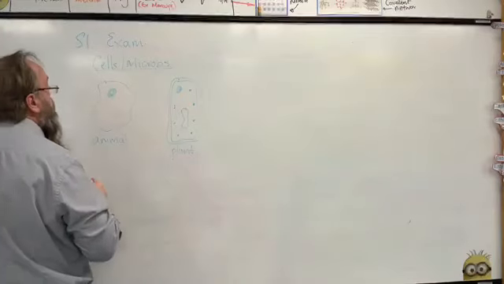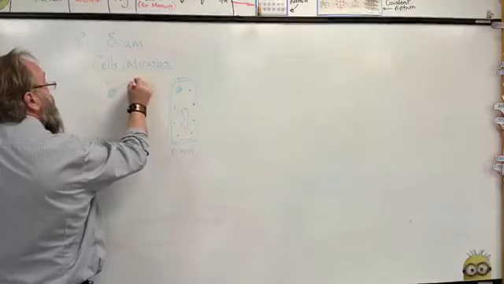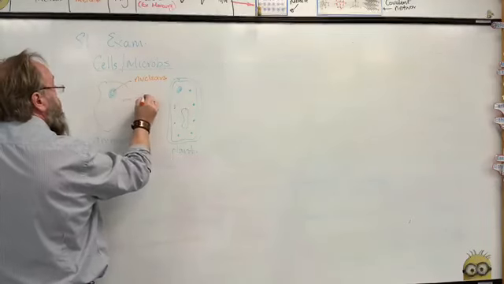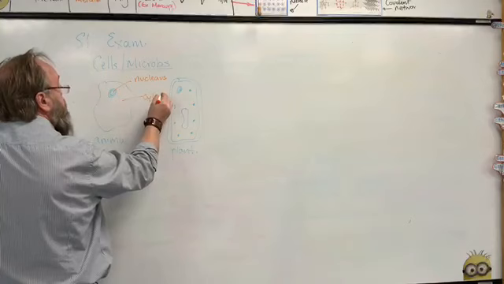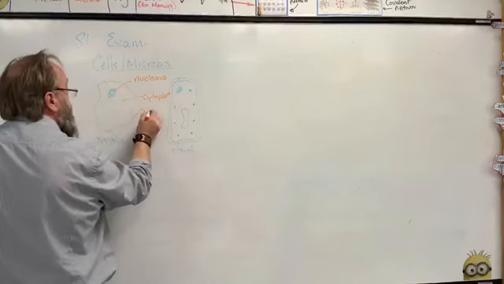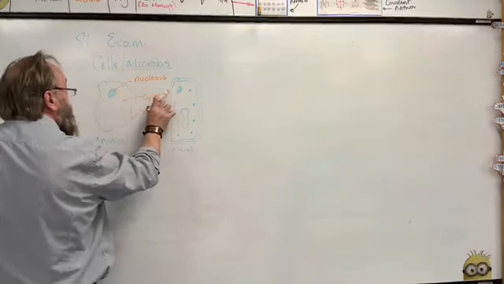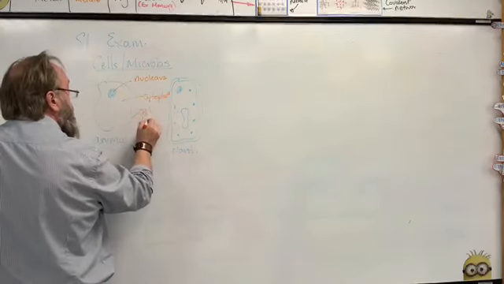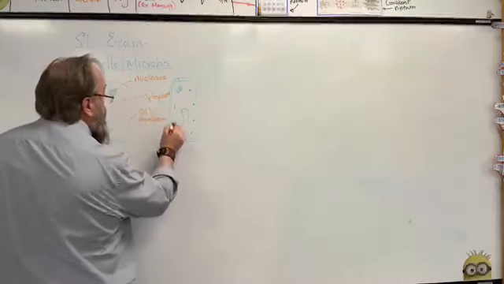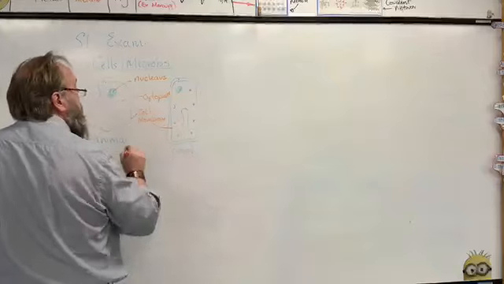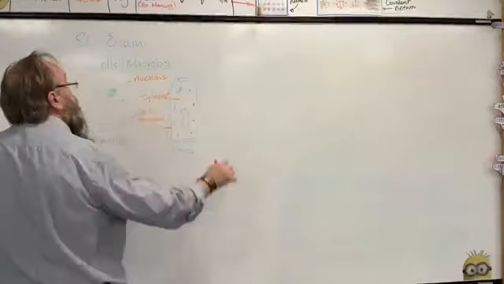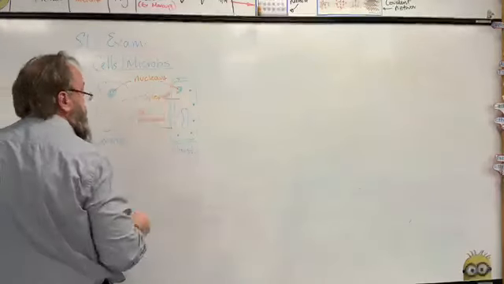Animal cell has nucleus, cytoplasm, and cell membrane. Plant cells also have these. Cell membrane just on the inside of that. The cytoplasm makes up most of the cell, and the nucleus is present as well.